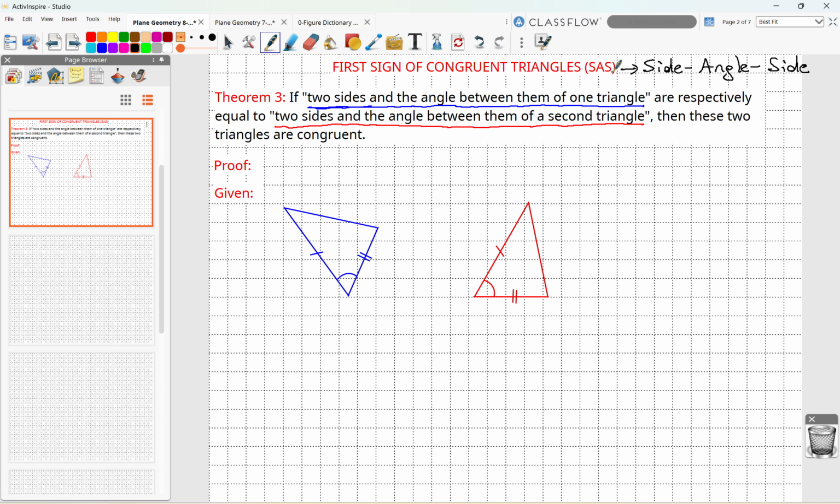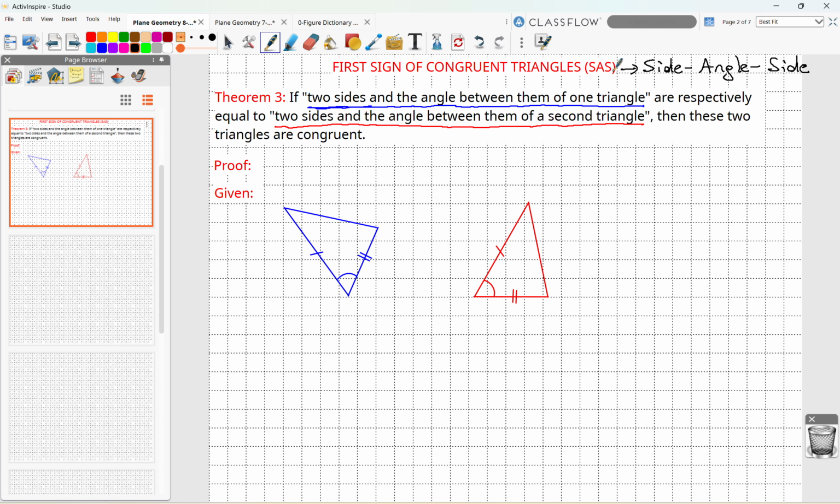Side angle side, SAS, will help us in the future to refer to the first sign of congruent triangles. So when I see this information for two triangles, I will quickly say that the triangles in a geometry problem are congruent by side angle side. So I will quickly refer to this theorem, which I called here the first sign of congruent triangles.